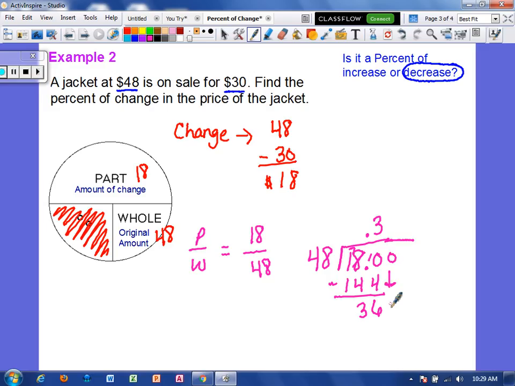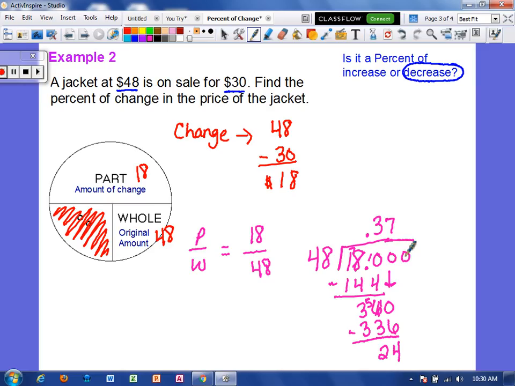So let's add another 0. Now 48 could go into 360 7 times, and that would be 336. And I'm going to do my subtraction. Now if you feel like this is going too fast, remember you can pause it and you can work these out on your own, and you can always rewind.